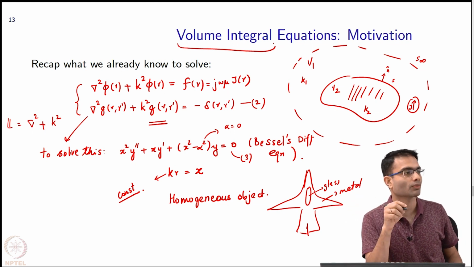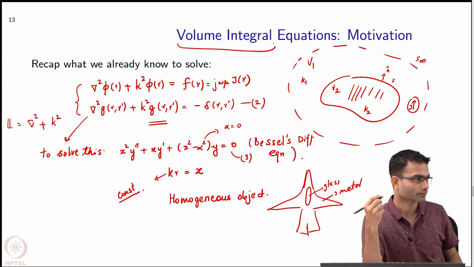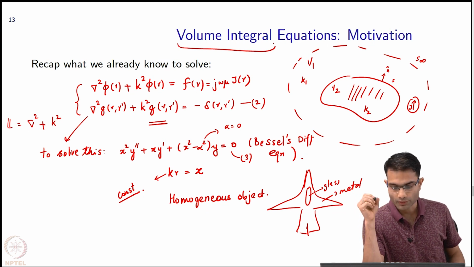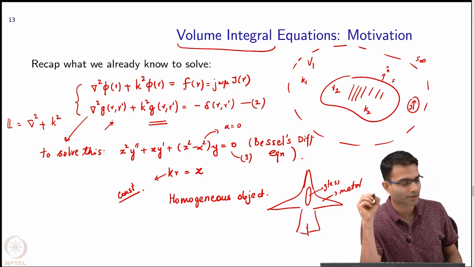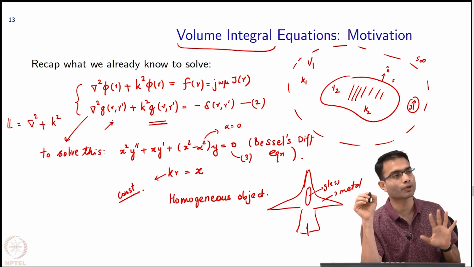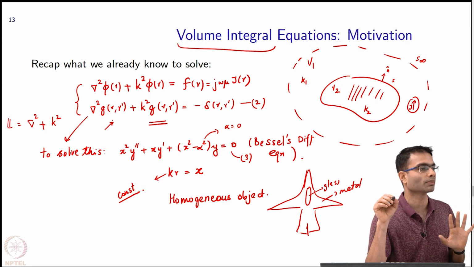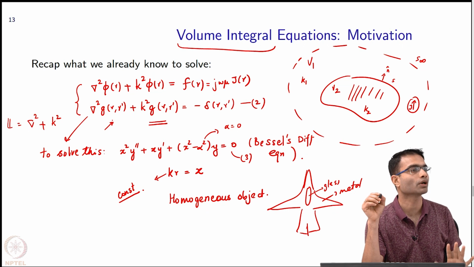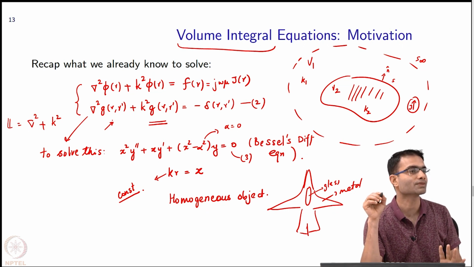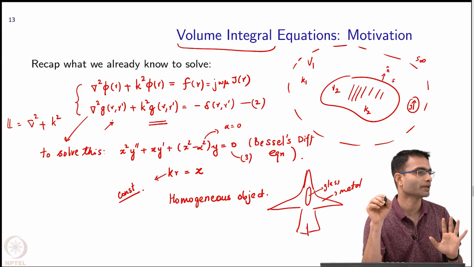There's a question about what about Green's function. Don't we have a 3D Green's function? We have a Green's function that we are using for the surface integral formulation. We are going to continue to assume that it's a 2D problem that we are solving, so we are not going to 3D. Our difficulty is we do not know in closed form the Green's function for a heterogeneous medium.